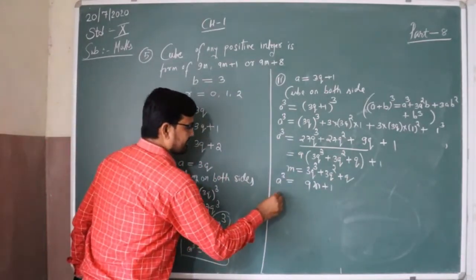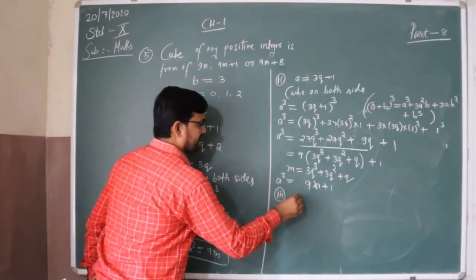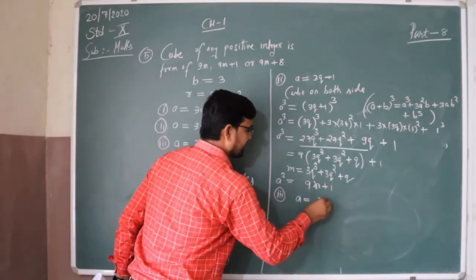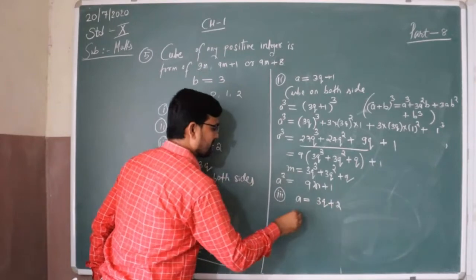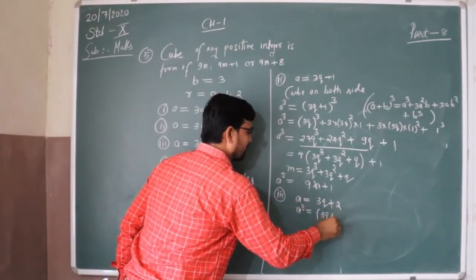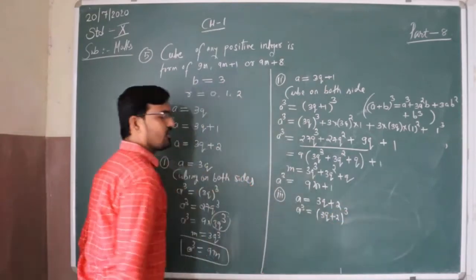Third part, a is equal to 3q plus 2. So a cube is equal to 3q plus 2 whole cube.